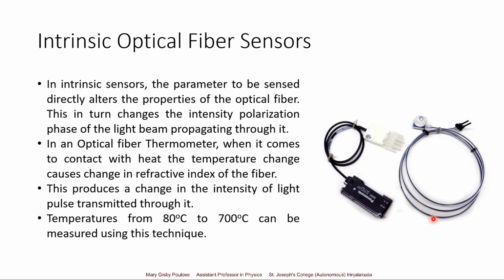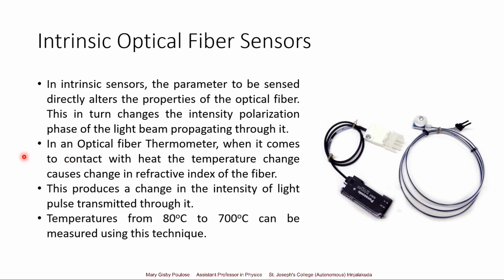At this point, the physical property of that fiber will change. It will experience a strain or a pressure or a change in refractive index. Because of that, the light pulse propagating through it will also change in its intensity or polarization or phase.